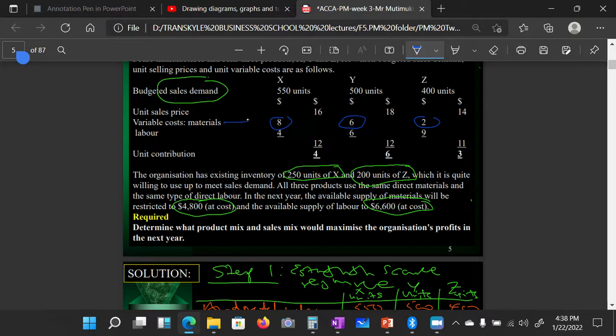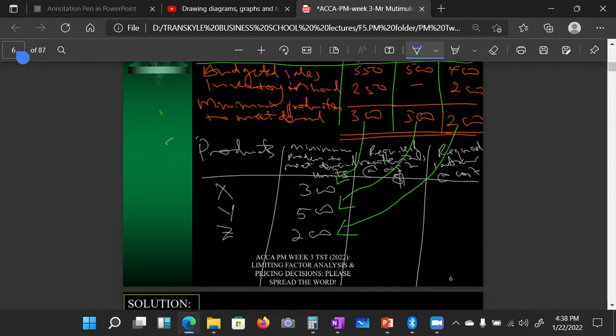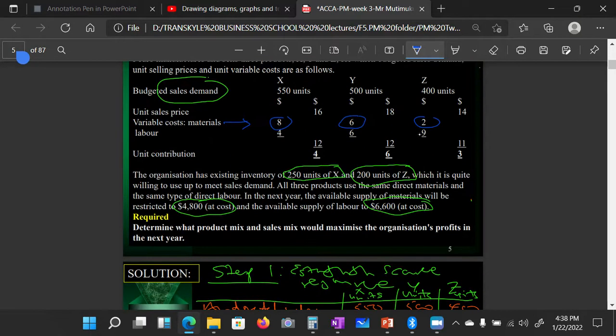These are the materials, so we just use the same information here. Like I said, this is $8, this is $6, this is $2. Let me cross check. Yes, 862.